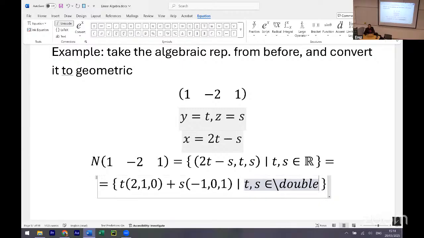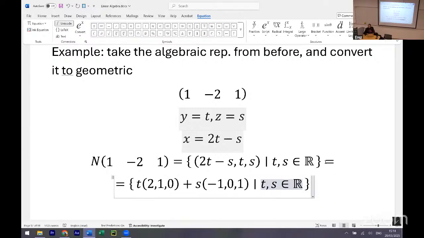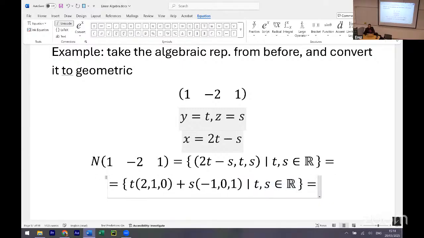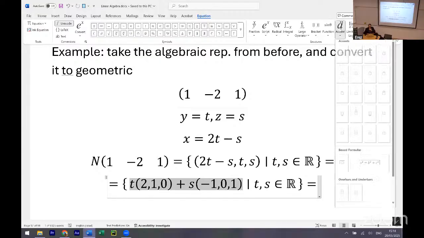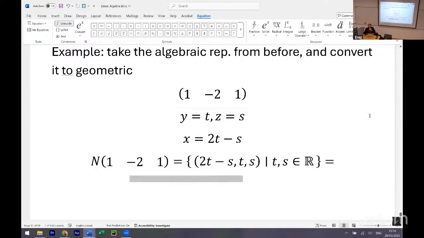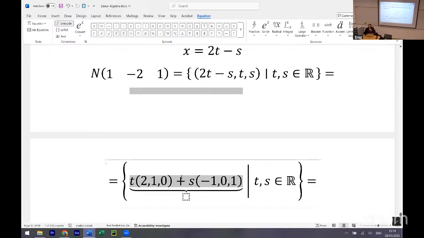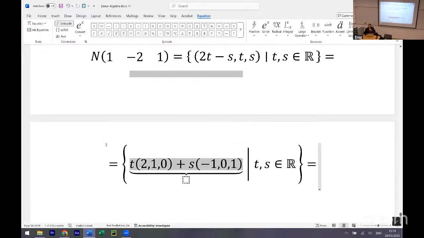Any questions up until now? This should not be new. Now is the new thing. What is that? A scalar times a vector plus a scalar times a vector.